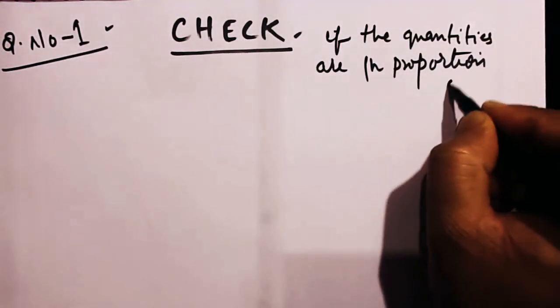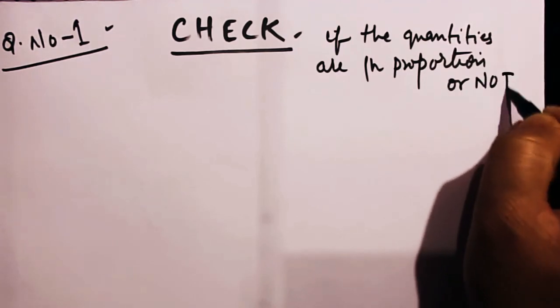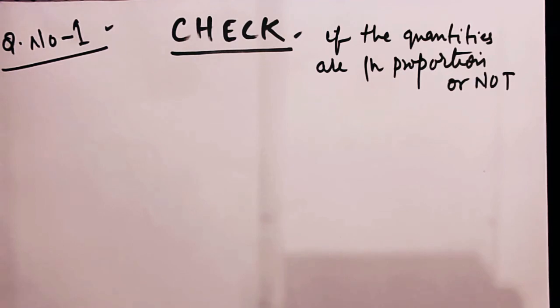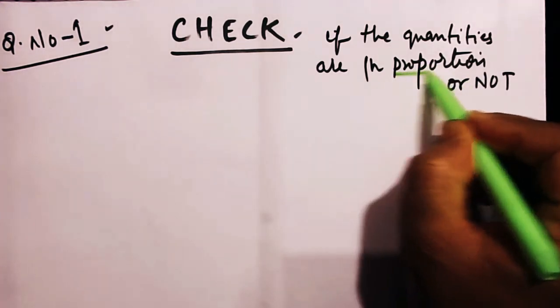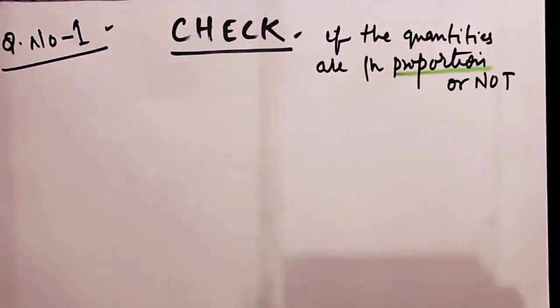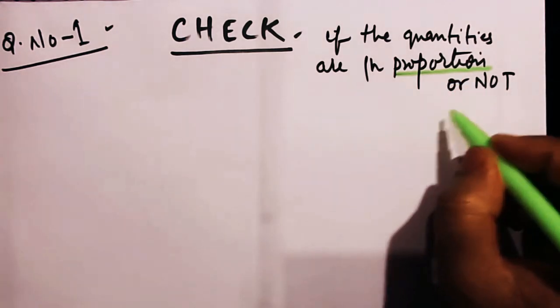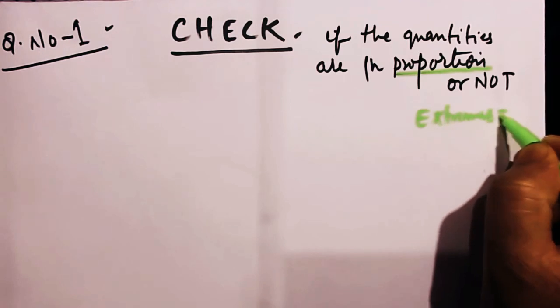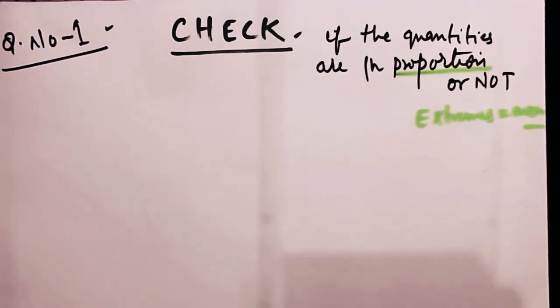So how are we going to find that? By using the formula product of means is equal to product of extremes.